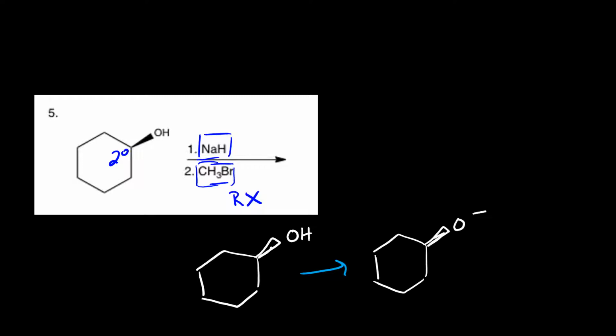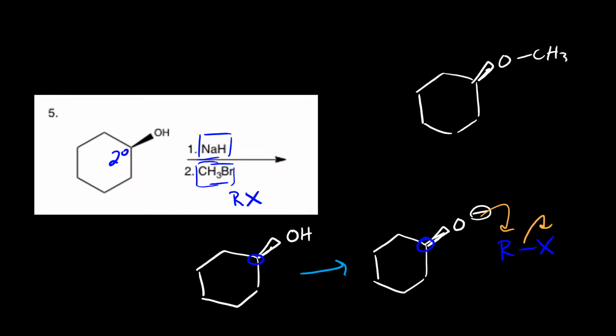And so it doesn't do anything in terms of stereochemistry to this carbon here, that stays the same. The oxygen is now going to act like a nucleophile and come over and attack the alkyl halide. So you end up with an ether, and this is the Williamson ether synthesis.